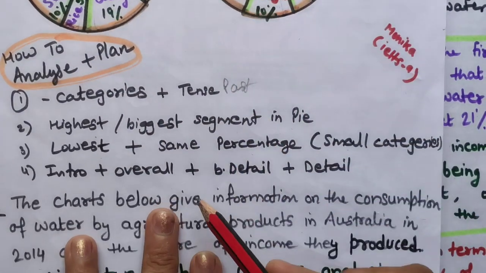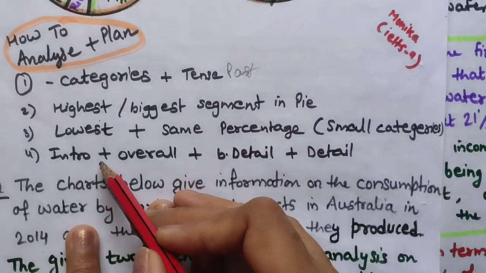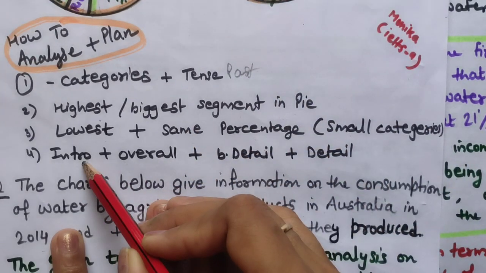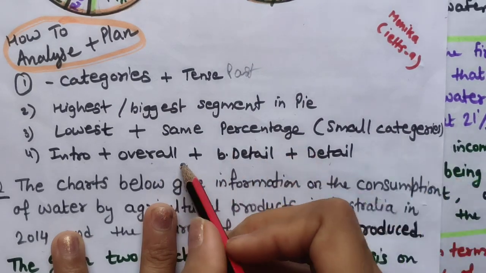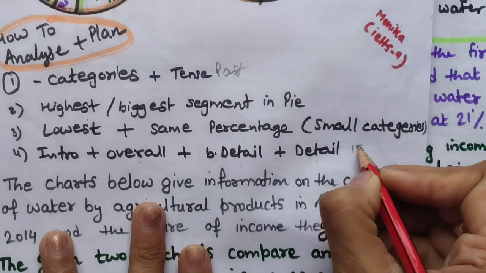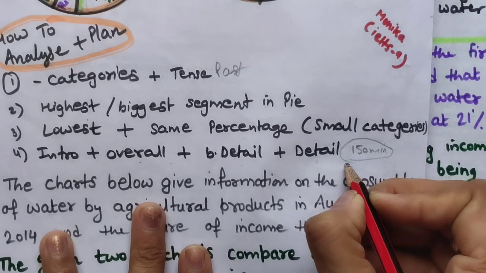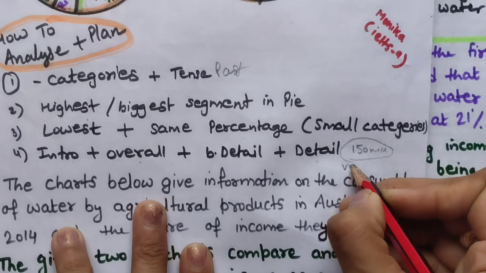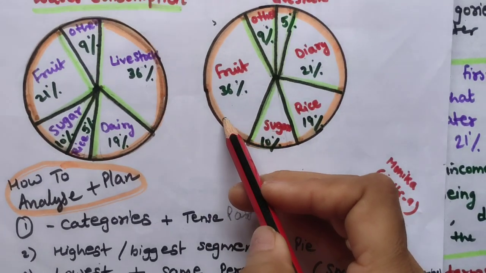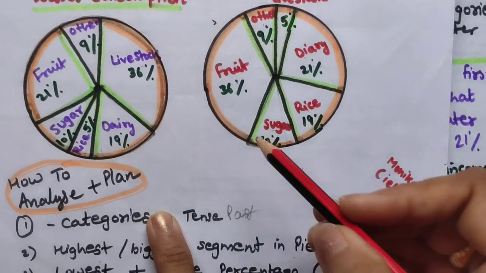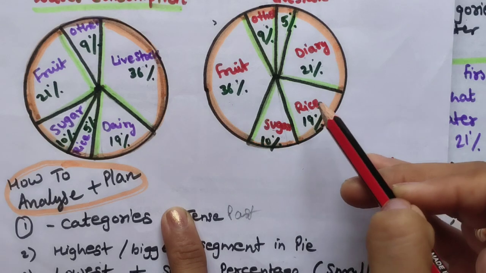Now, how to write the introduction? Before that, as you know, we will be writing 4 paragraphs: first the intro, then the overall, then body detail 1, then body detail 2. We have to write a minimum of 150 words, and we have to vary vocabulary also. If you can learn percentage-related vocabulary, then writing 36%, 9%, 5%, 21% is okay, it's good.